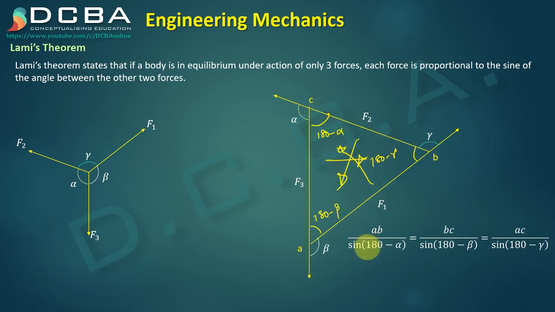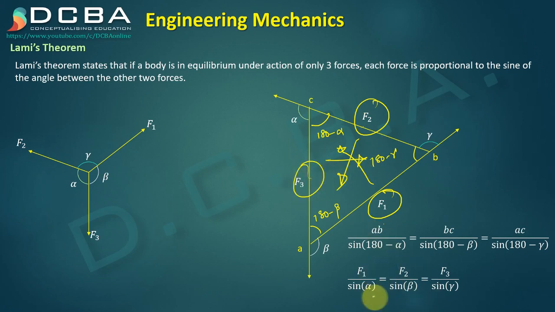So this is how we apply the sine rule. Now we understand that sine of 180 minus theta is sine theta itself. And AB is your F1, BC is F2, AC is F3. So we can say F1 upon sine alpha is equal to F2 upon sine beta is equal to F3 upon sine gamma. Hence proved. This is our Lami's theorem.